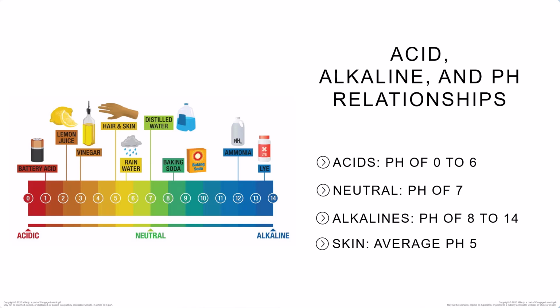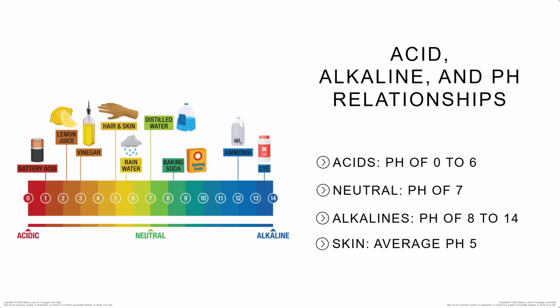There's something called buffering agents, which are ingredients that are added into products to help make them less irritating. So a buffering agent may be added to some sort of acid peel, which could be just like regular baking soda, or vice versa.